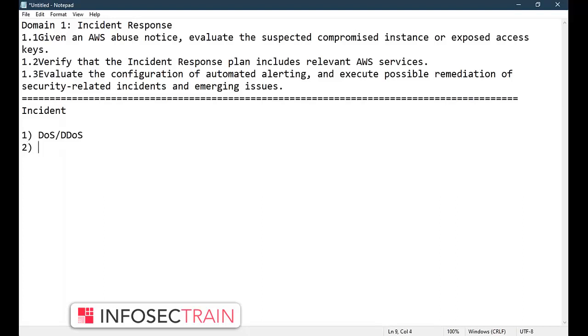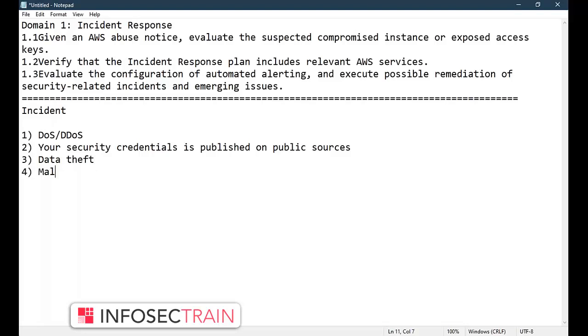For example, you forget your security, credentials are published on public sources. It can be data theft, or it can be a malware attack, virus, and all these kinds of things. Malware attack, like ransomware infection, anything.